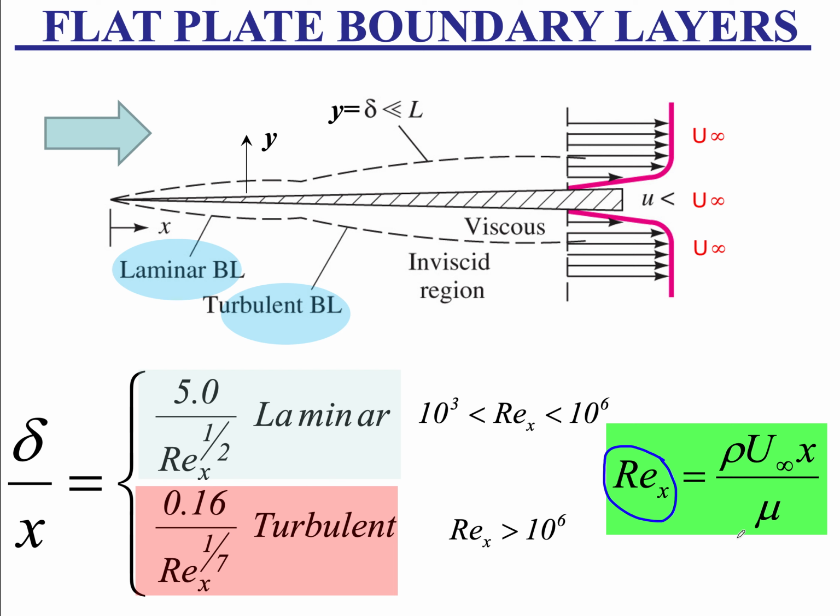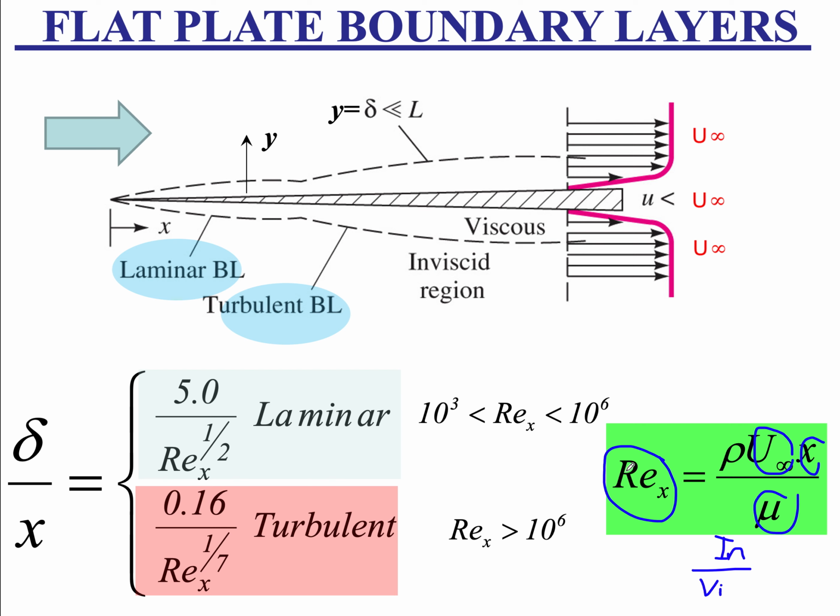So inertia over viscosity, inside the fluid. The inertia is signified by the u infinity and the x, the size of the object and the speed at which it's flying, and the viscosity is signified by the viscosity.